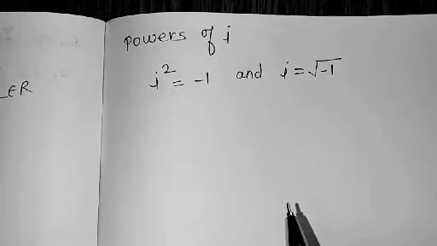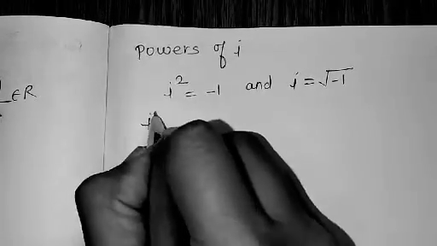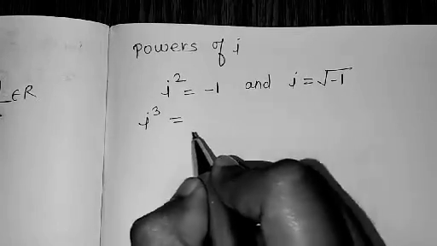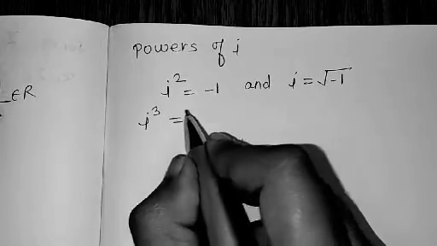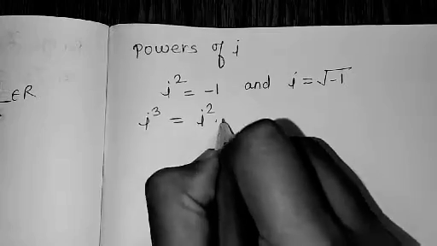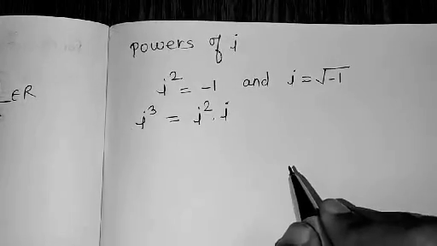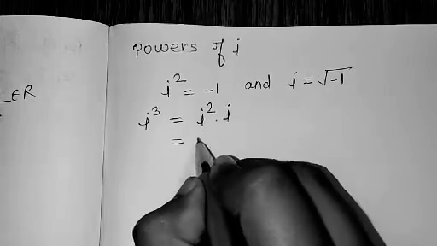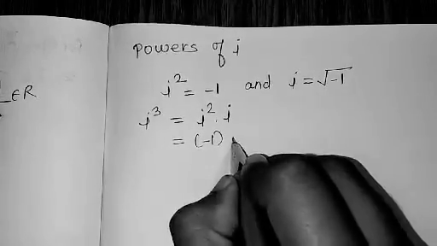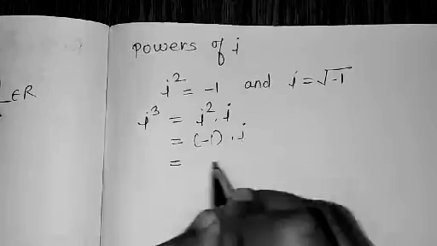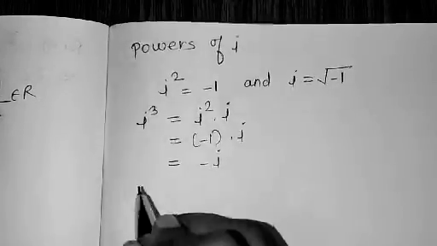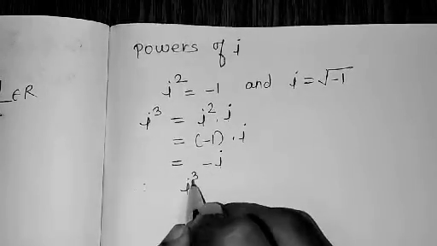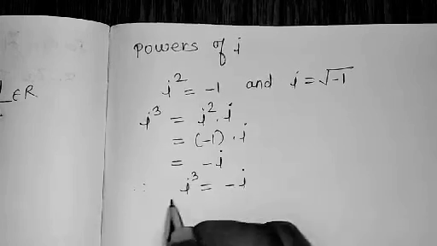From this we can say that iota cube can be written as iota square into iota using laws of indices. Therefore iota square into iota is minus 1 into iota, which is equal to minus iota. Therefore iota cube is equal to minus iota.